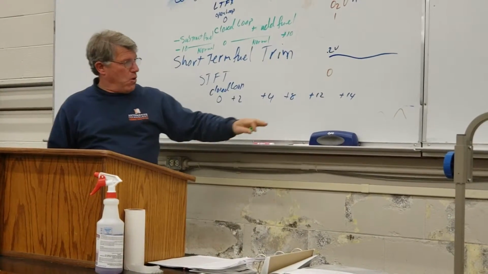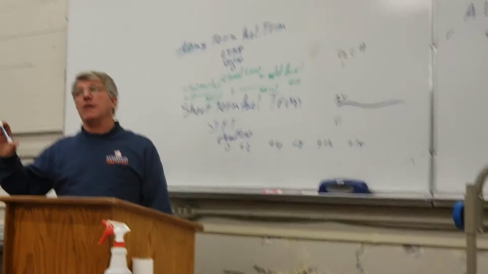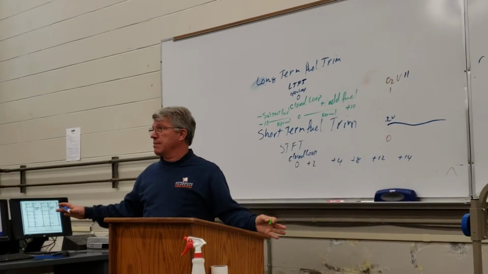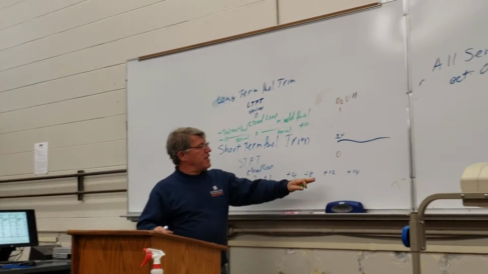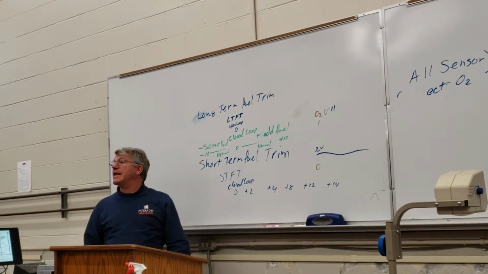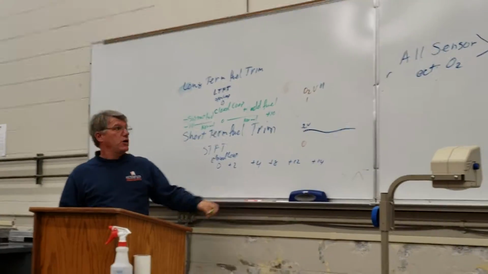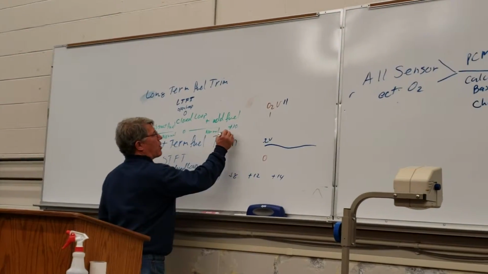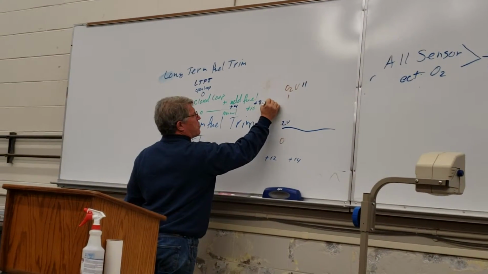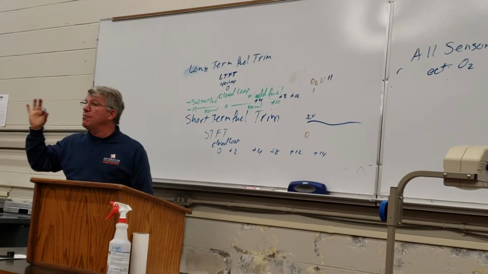Now, when it starts getting up here, and how long, it just depends on who designed this thing. This starts getting high enough, long term saying, we got to get this back in more towards the center. So long term will start going up. +4, +8, +12. All of a sudden, you've added too much fuel.